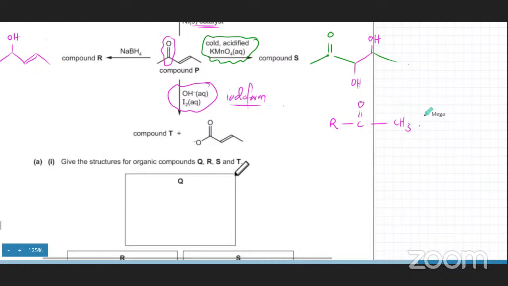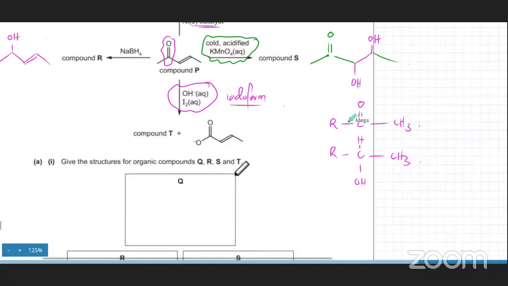It must have a ketone or an aldehyde next to a CH3, C double bond O next to a CH3, or it must have an OH next to a CH3.